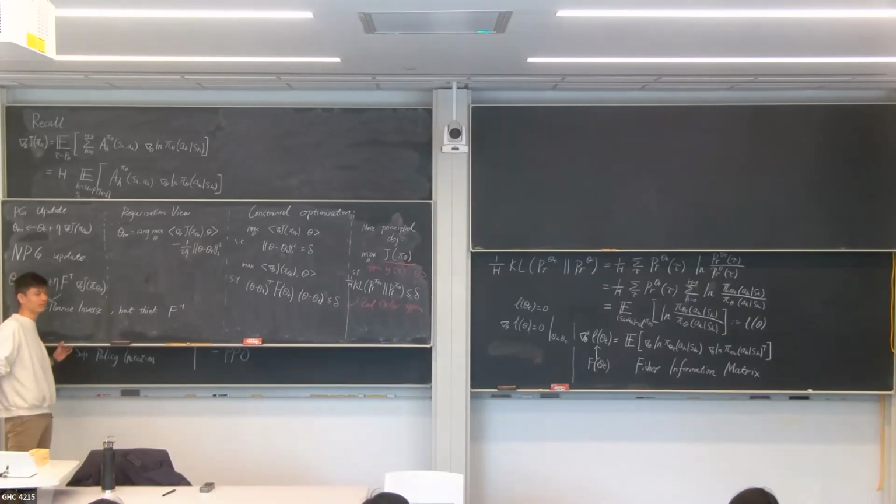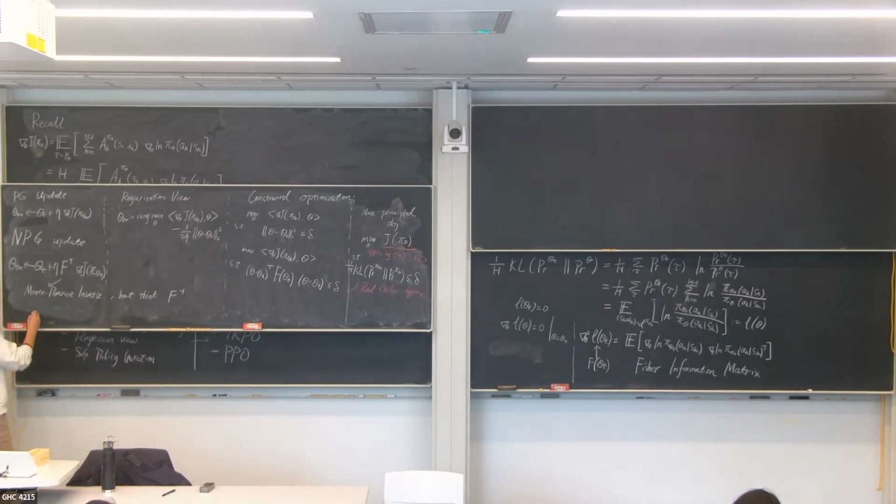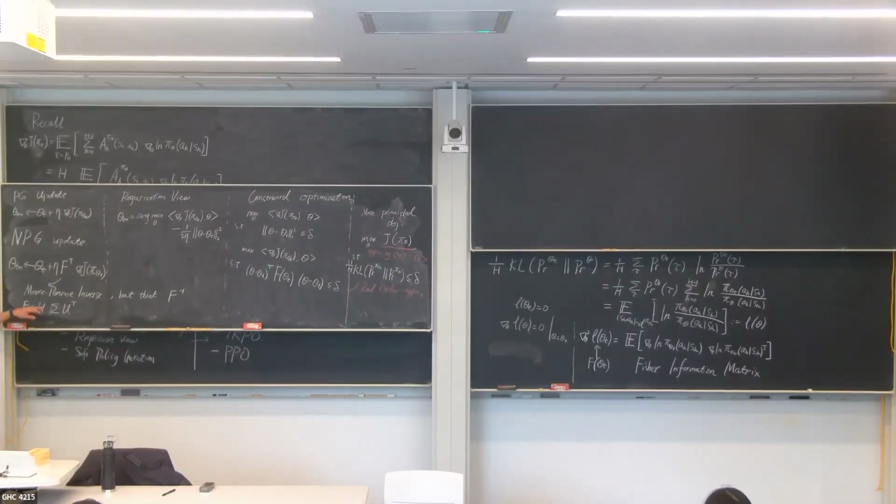For the sake of this class, just think about this as inverse, but if you really want a formal definition, usually you do this eigenvalue decomposition, which looks like some matrix like this. F is, if you know linear algebra, positive semi-definite and symmetric. It can be factorized in this form.